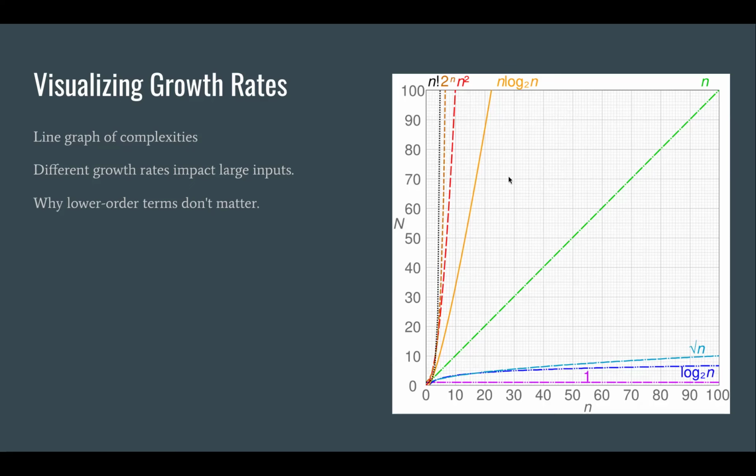Notice how even small differences in complexity can lead to significant performance differences as n increases. This is the reason why reducing complexity even slightly can have a huge impact for large inputs.